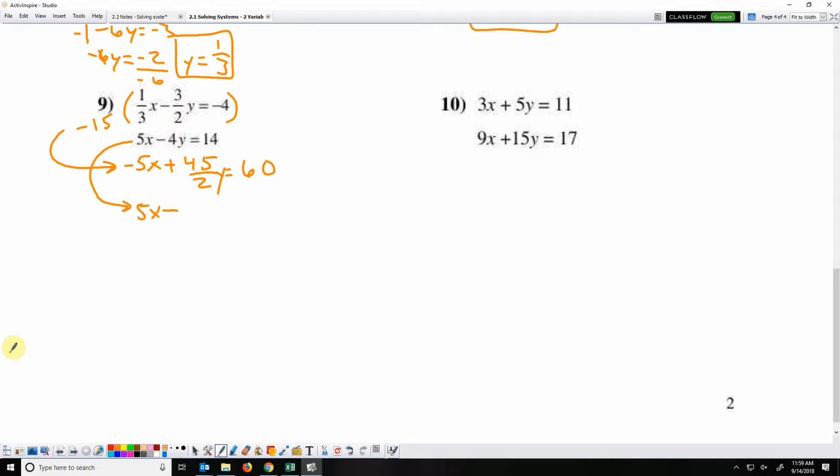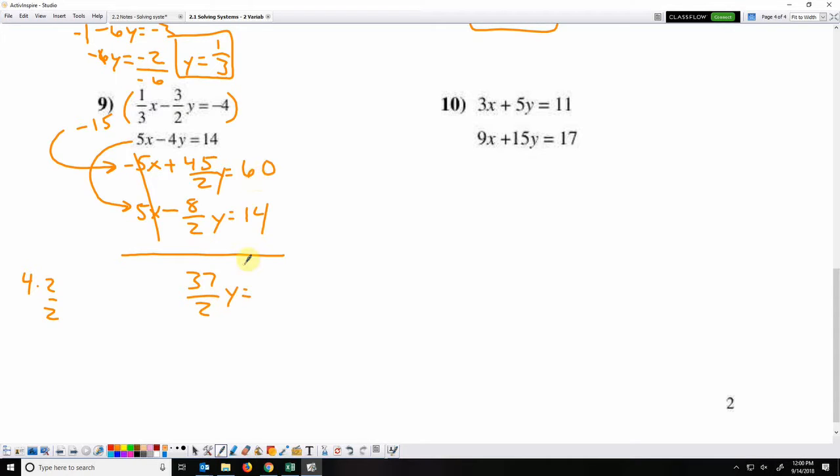So in order to do that, I have to have a common denominator. So I need to make that so it has a denominator of 2. So I'm going to take that 4 and multiply by 2 over 2, and I'm going to have 8 halves. Okay, so my only reason for rewriting this one is to have a common denominator. So the x's eliminate. 45 halves plus 8 halves, or plus negative 8 halves, is 37 halves.